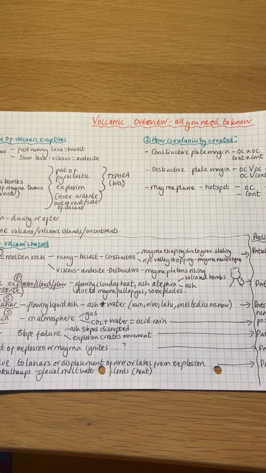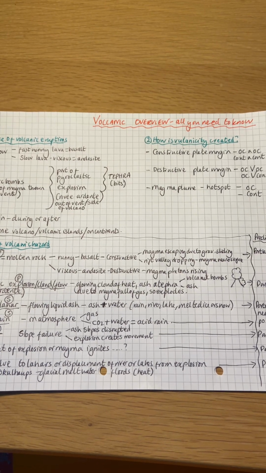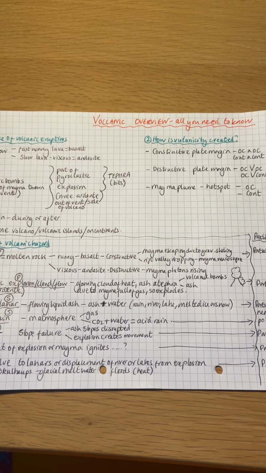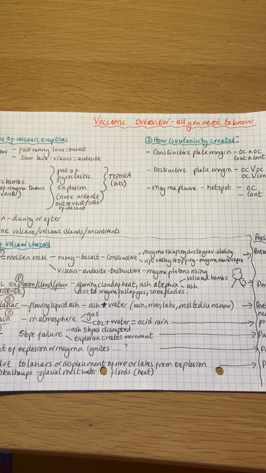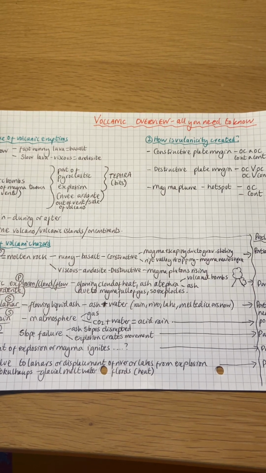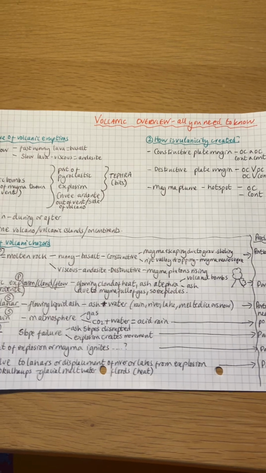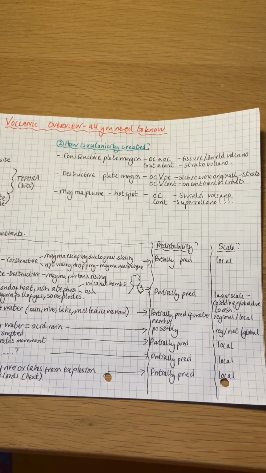Magma escaping due to gravitational sliding and pulling the plates apart. Or it's at the Rift Valley at the constructive boundary, so like Africa, where the Rift Valley drops and the magma is obviously nearer the surface, so therefore the magma tends to find its way to the surface and cause a volcano. The right-hand side is talking about the predictability or the scale of this hazard.